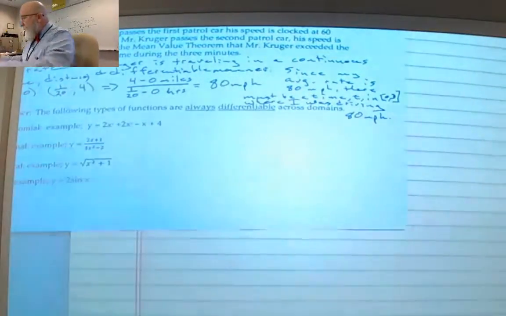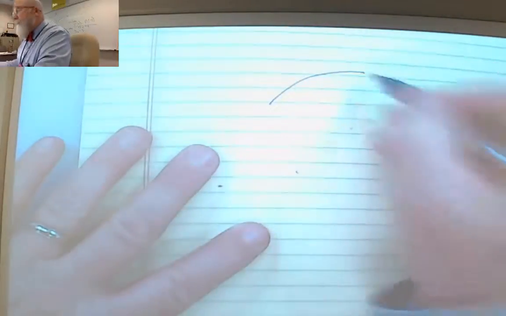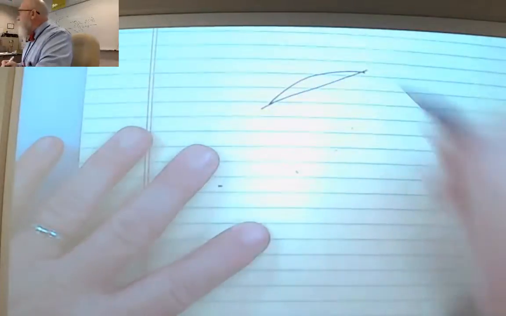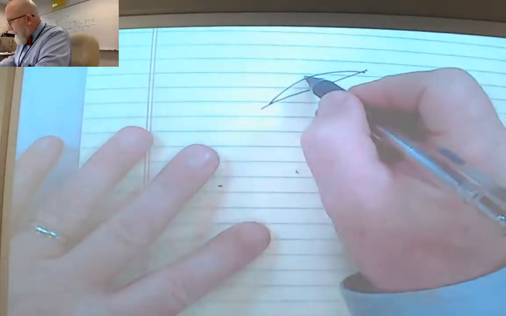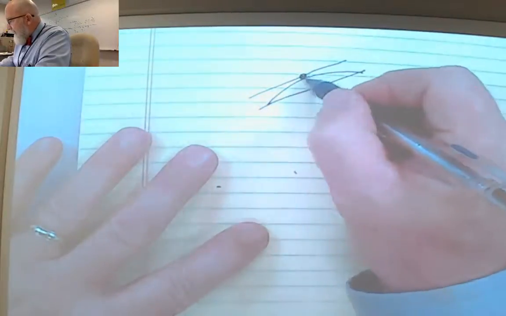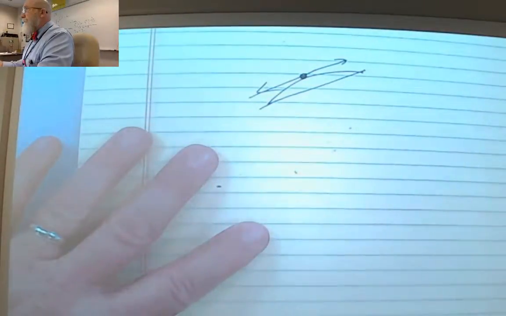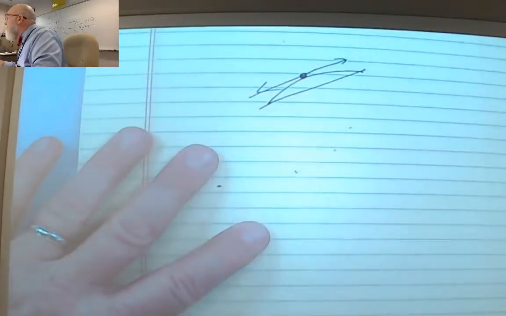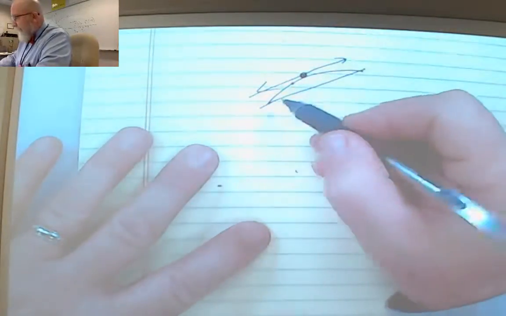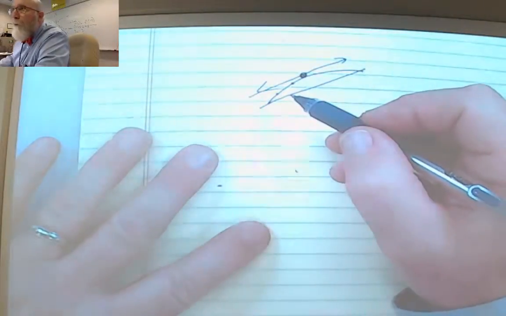So if I would graph it, it'd probably look like this. Here's 80. Well, that's a lousy tangent line. There's my tangent line that's parallel to it, correct? In fact, I've had other students say, oh, Kruger, based on your drawing, at some time you had to be going faster than 80. That's probably true.